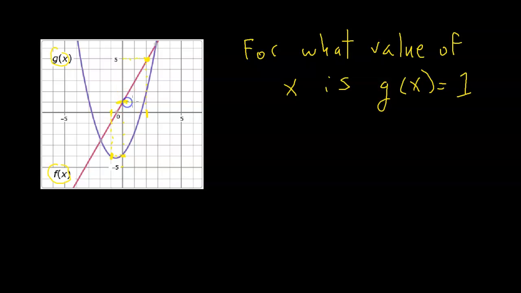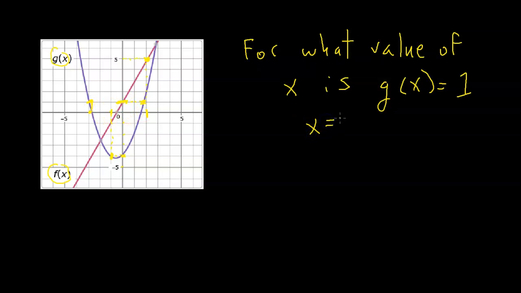And we can go see right at this point here, and also at this point here, right? At both of these points, the output of the function g is equal to 1. So what are the corresponding x values for those points? It looks like the corresponding x value right here is -3, right?